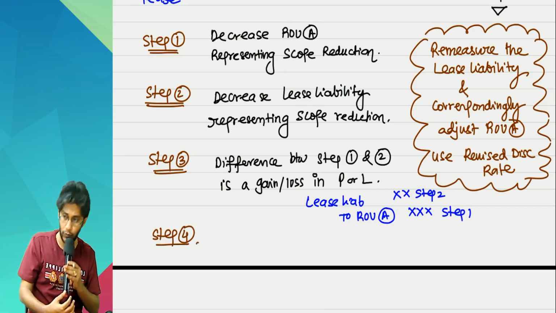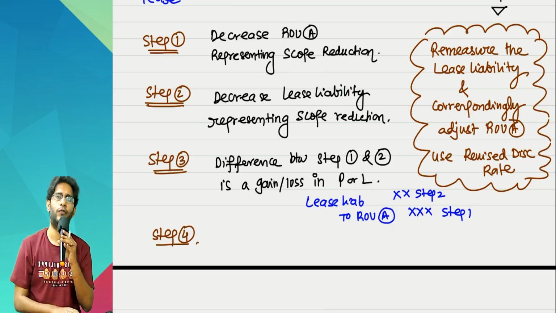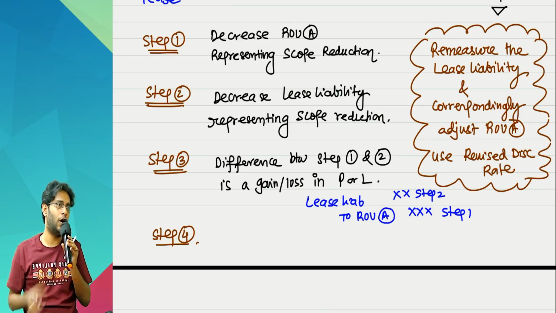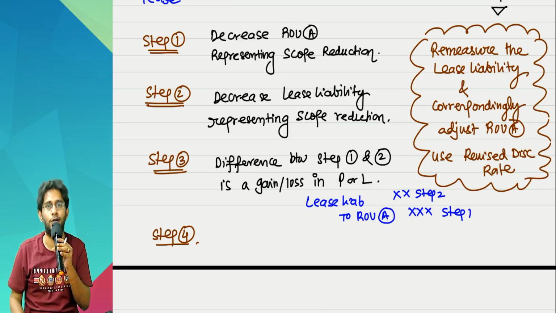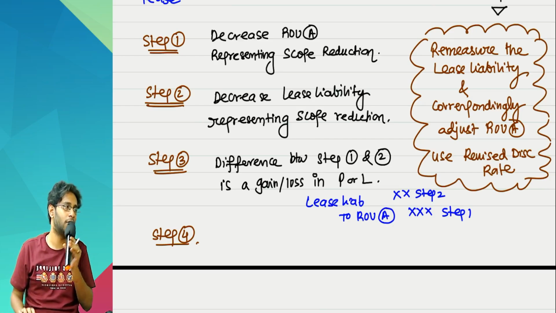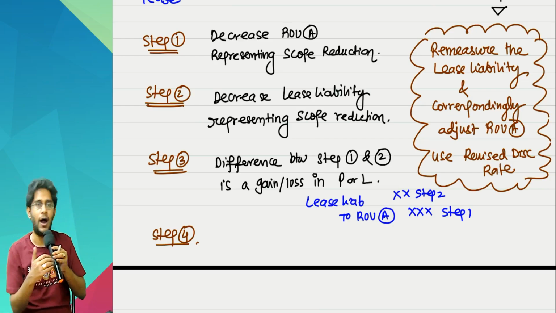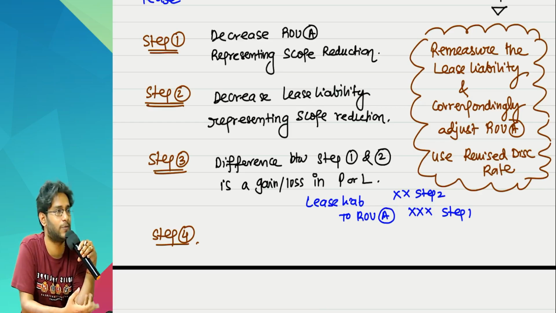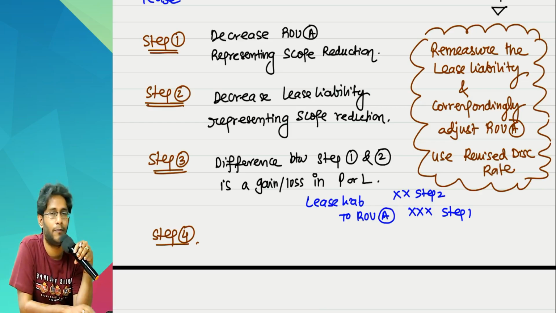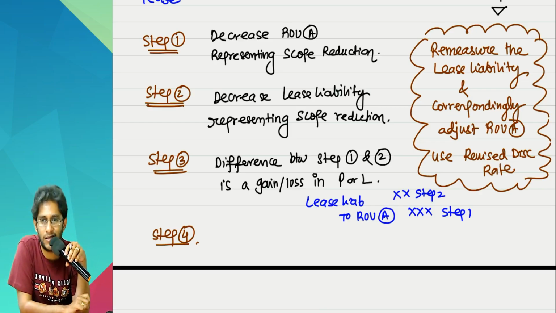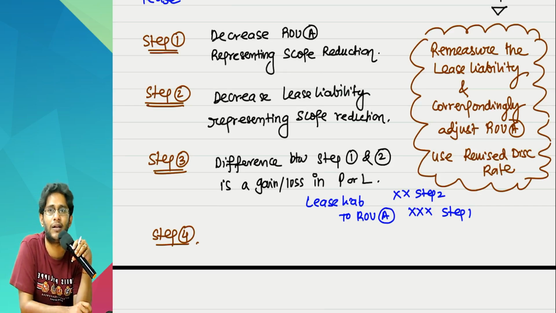Last, something you have to do, which you will easily accept. You all know it already, you just don't know that you have to tell it now. After your modification, your future lease payments changed. But on the lease liability you have to apply which method? ACM method. For the ACM method to work, what is the condition?